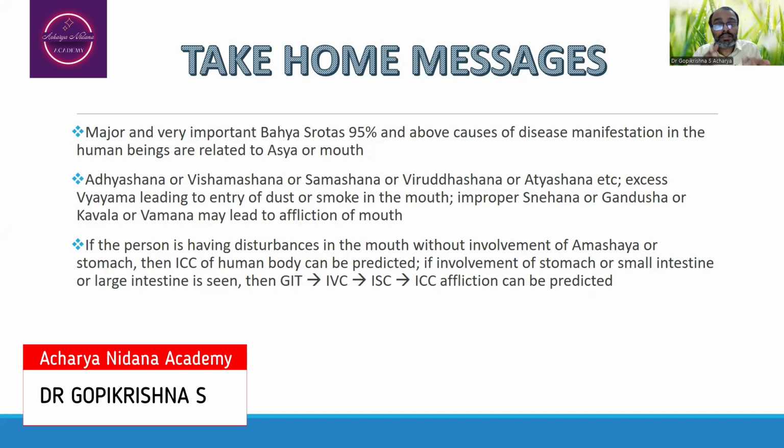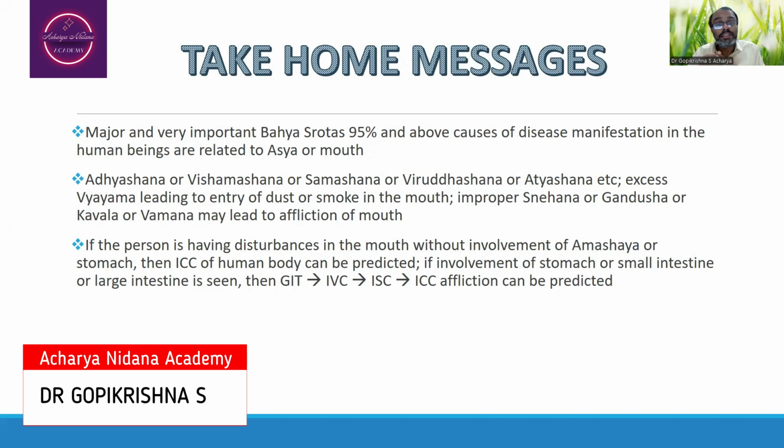From there, these markers enter via the mucosa of the stomach, small intestine or large intestine into the intravascular compartment. From there, these inflammatory markers enter into the interstitial compartment where susceptibility is present.